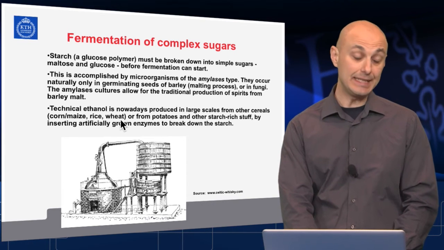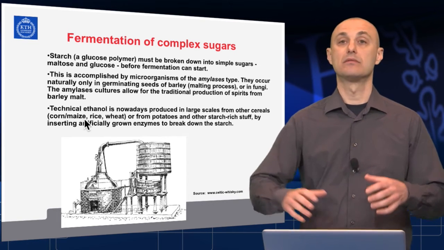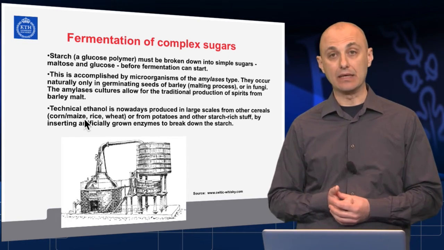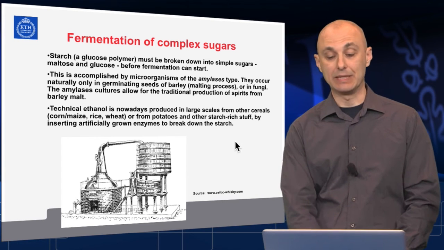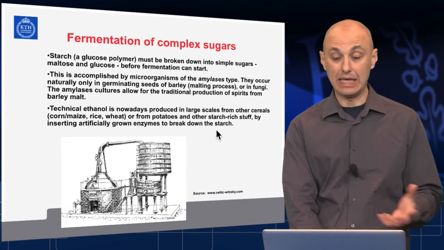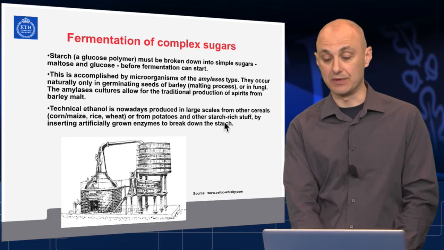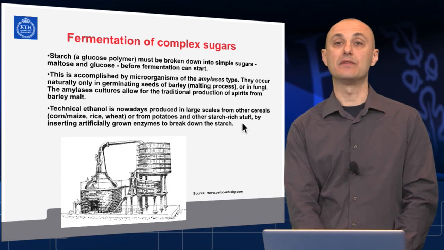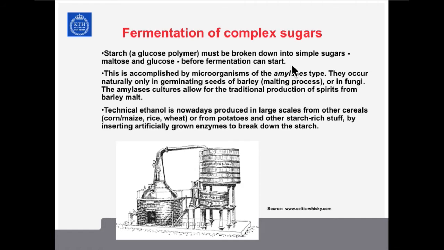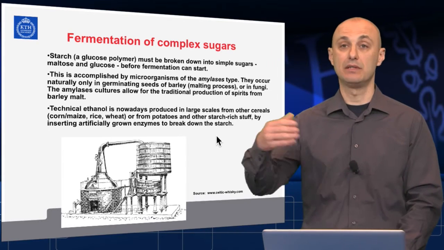That can be wheat, rice, corn, maize that is, potatoes, cassava, anything that contains starch can be fermented. However, the natural process of transforming the starch into maltose is not there. We have to artificially add those enzymes, or those microorganisms, that would help us take this step.